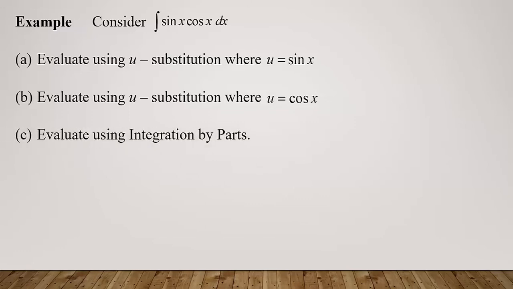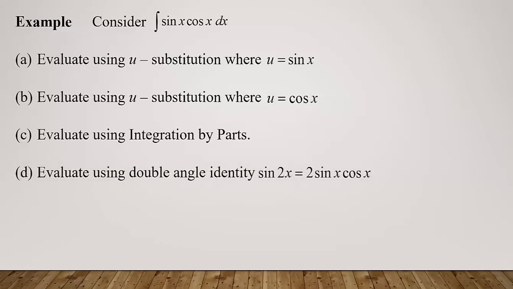Part C, we're going to evaluate it using integration by parts. Part D, we're going to evaluate it using the double angle identity for sine 2x. And then part E, I'm going to say, let's look at numbers 10 and 21 in your book. So get all these parts written down, because I'm heading off to the chalkboard to work through it.